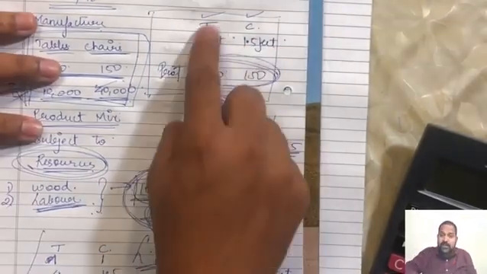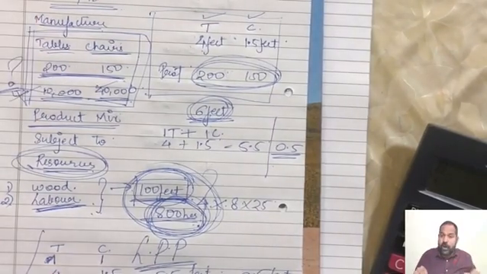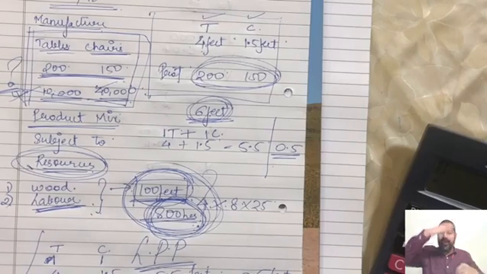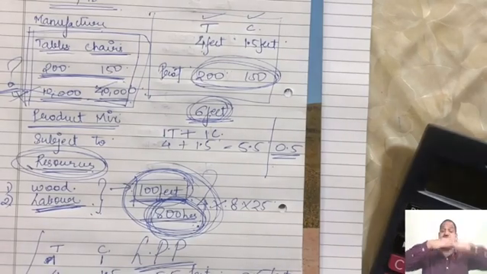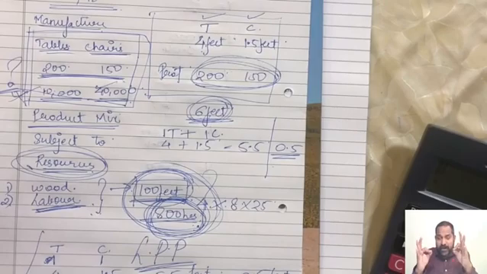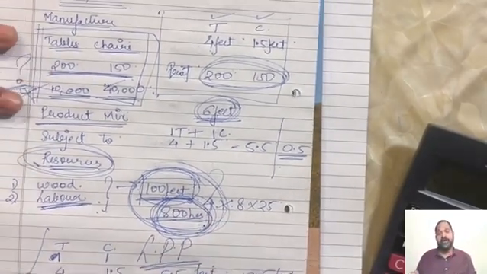But resources available are not high. Resources are not unlimited. So resources are saying use only what is available. Profit is saying go as high as possible. I have to find that sweet spot in between that will give me the best profit and will use up the resources also to the finest.